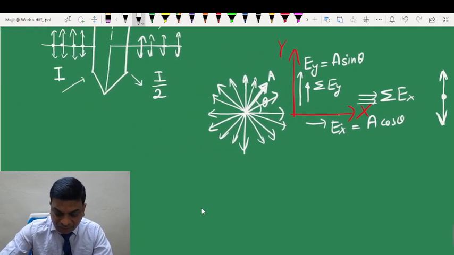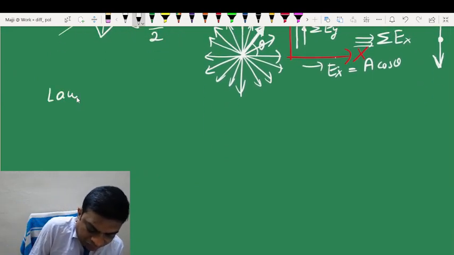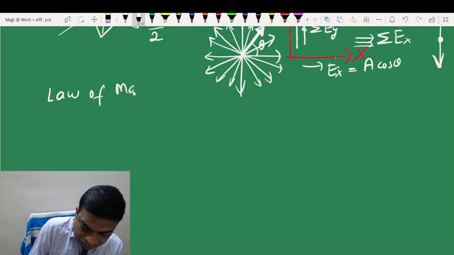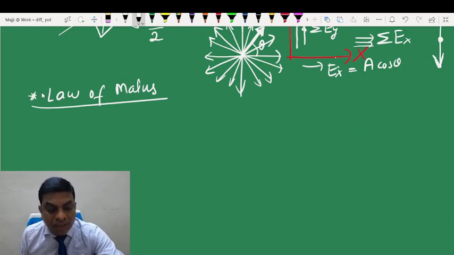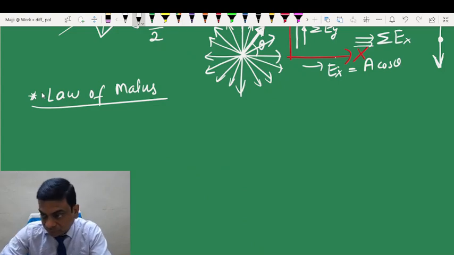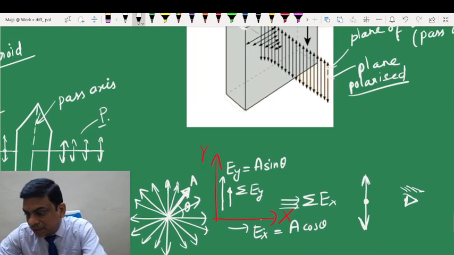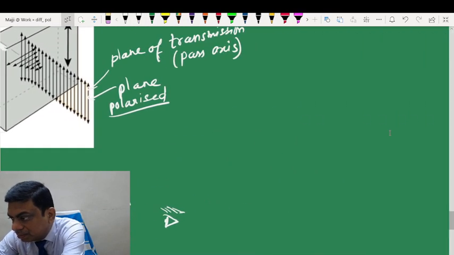Clear? Right. Now we will be discussing the law of Malus. Very important law, students, because in the class 12th board exam they usually ask this, and also in different competitive exams. Now what does the law of Malus state? I have a diagram for that, so let me pick the diagram.